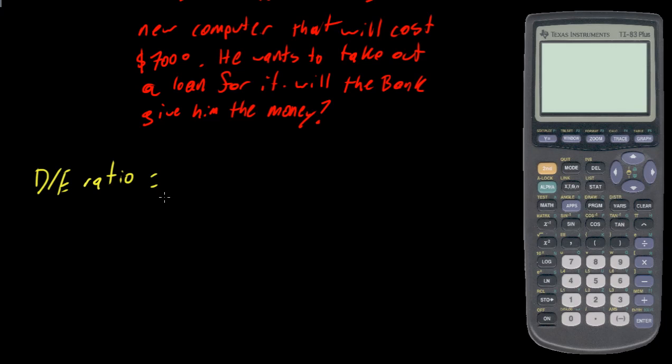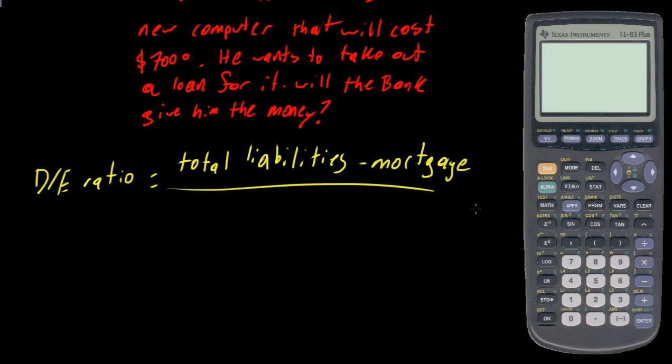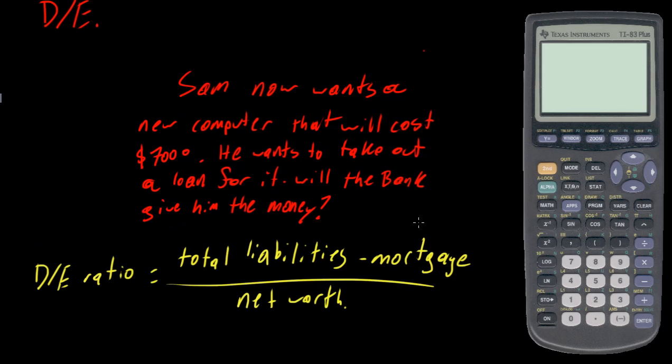The D to E ratio is going to be the total liabilities, which we have already calculated, but we haven't calculated this total part because he wants to take on a new one, minus the mortgage, divided by the net worth. We can take out the mortgage from this picture because mortgages have their own type of thing called the GDSR. We already calculated that.